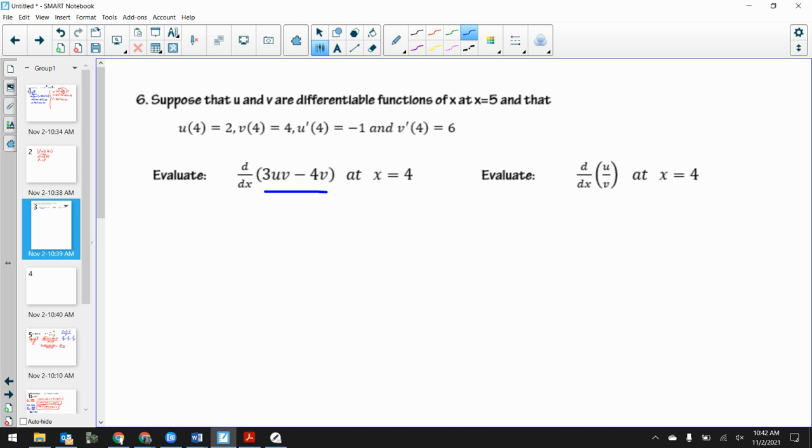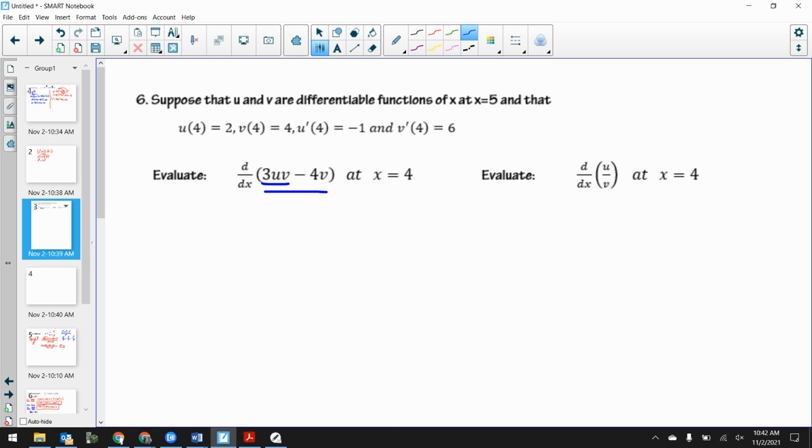What do I have to use right there? What am I doing with u and v? I'm multiplying them together, aren't I? What does that tell me I have to use? Product rule. I've got to use product rule here.